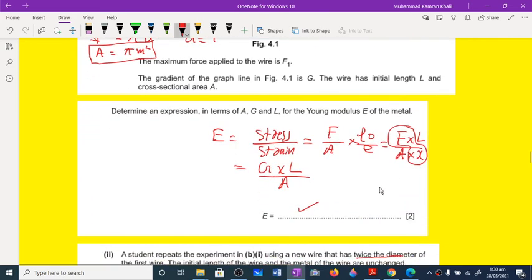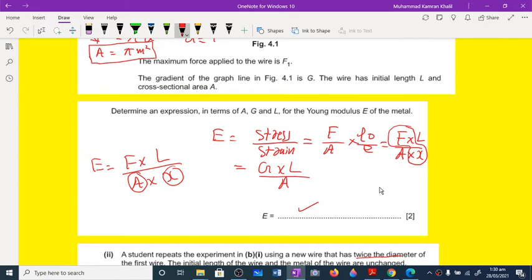Now move back to the expression. In this expression, we can see that E is equal to F into L over A into X. Now area and extension are inversely proportional to each other.